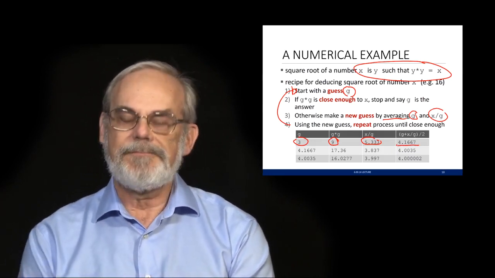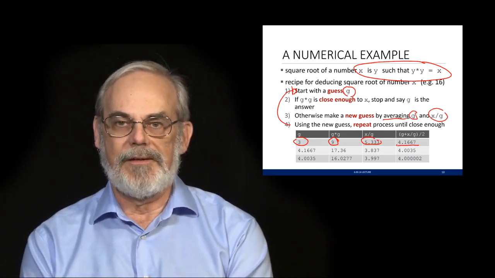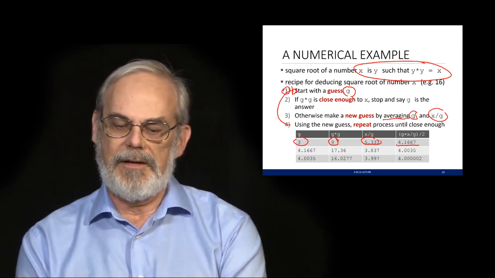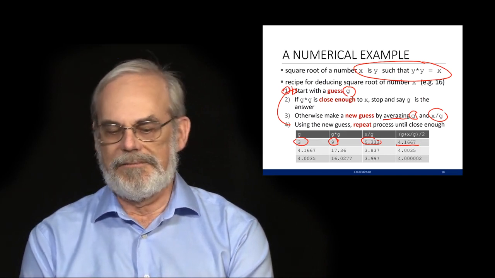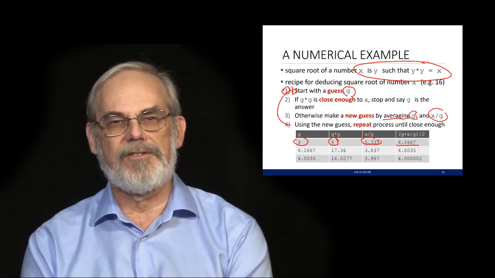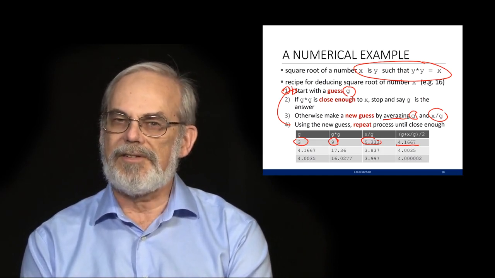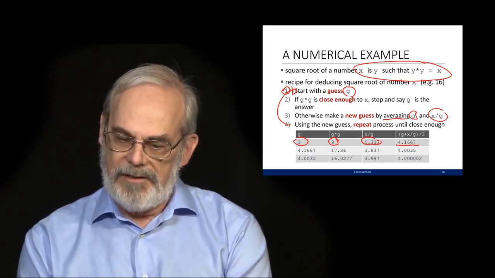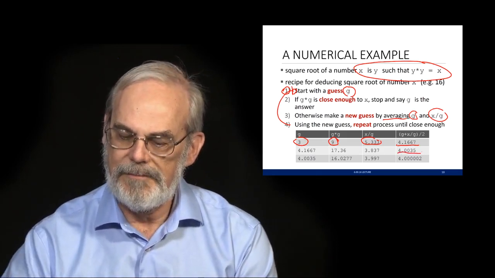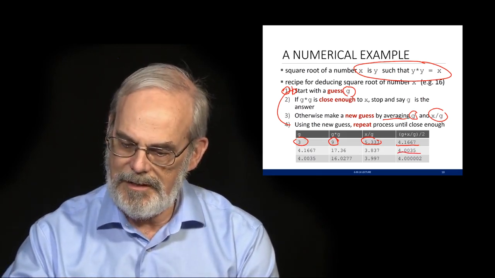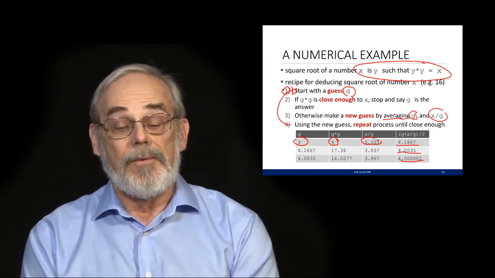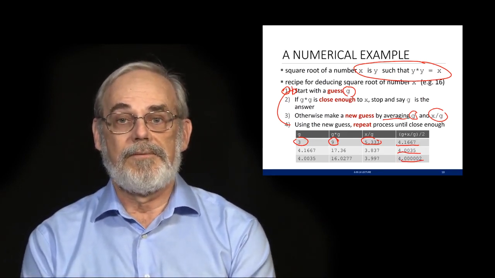With that better guess, I'm now going to do the same thing. I'm going to go back through that loop, go back up to step number 1, and try it again. You can see the steps here. I square 4.1667, I get 17 and change. It's really not close enough. I take x divided by g, take the average of g and x divided by g, and I get a much better guess. After the next round, I get a guess that's close enough, and I'm probably ready to stop. So this is a nice example of a little algorithm.